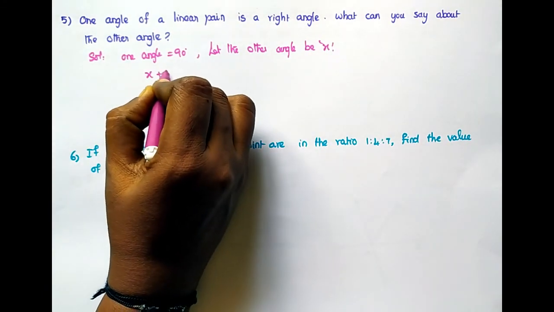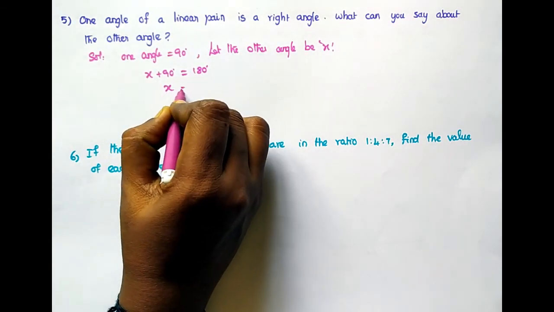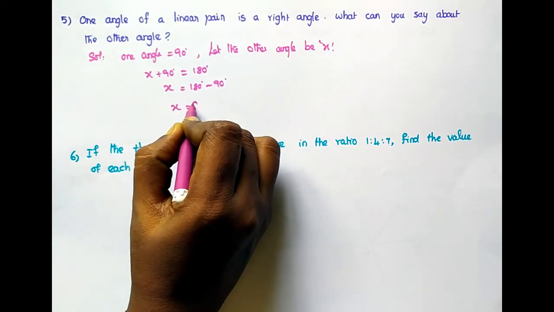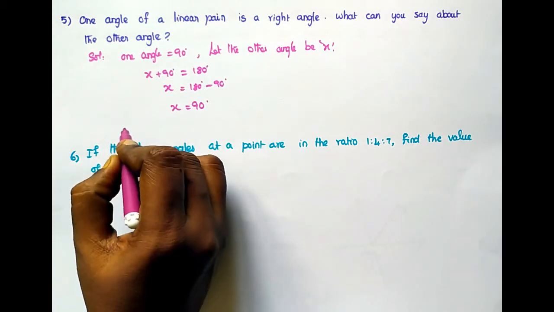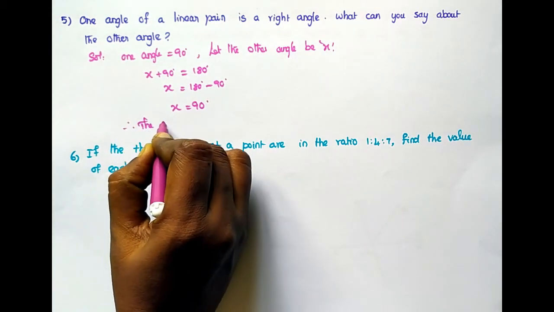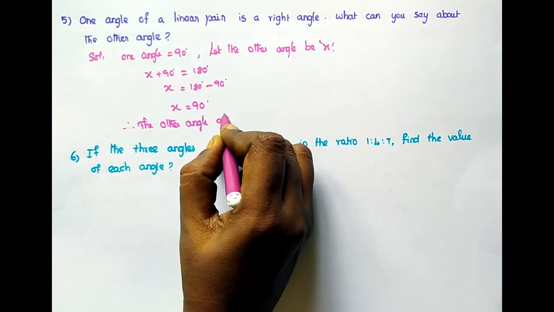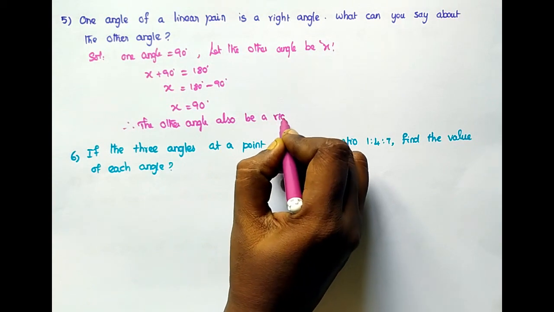So x plus 90 degrees equals 180 degrees. So x equals 180 minus 90, that means 90 degrees. Therefore, the other angle is also a right angle.